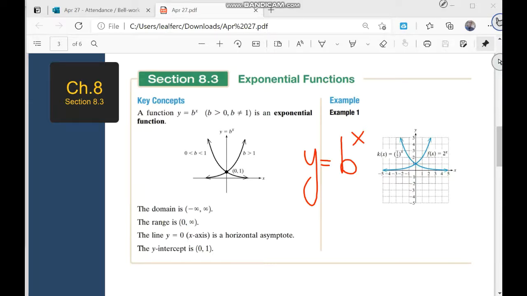We will have two main situations. One, if b is less than 1 and greater than 0, between 0 and 1, like 0.5, 0.25. You're gonna have a graph like this.